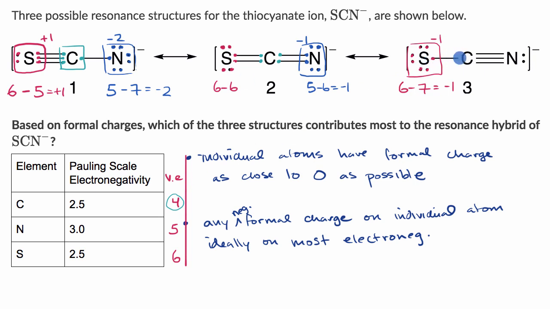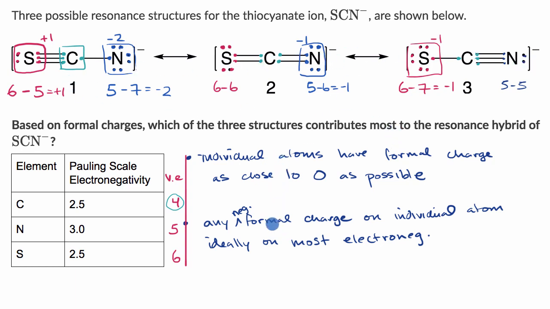The carbon is still having 4 hanging out, which is typical of a neutral carbon's valence electrons, so no formal charge there. And then the nitrogen has 1, 2, 3, 4, 5 outer electrons hanging out, which is equivalent to a neutral nitrogen's valence electrons. And so 5 minus 5, you have no formal charge. So there you have it. We've looked at the formal charges on all of these.